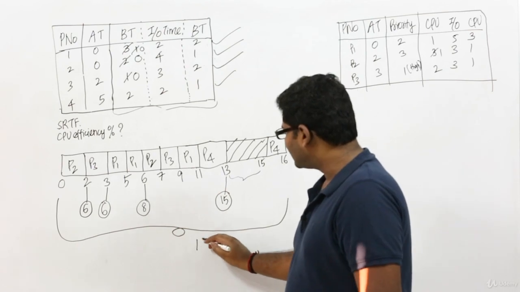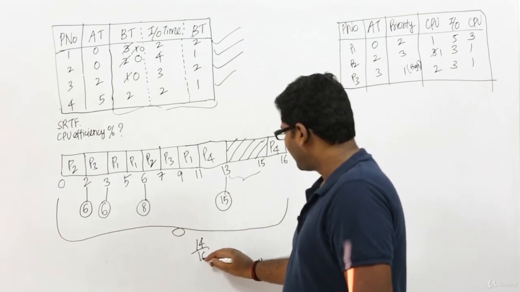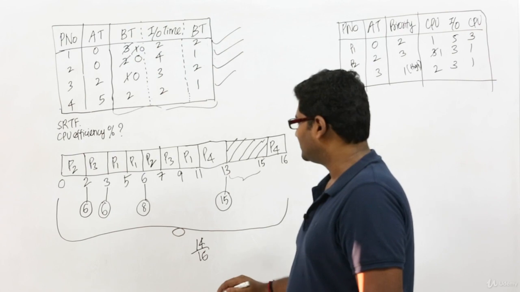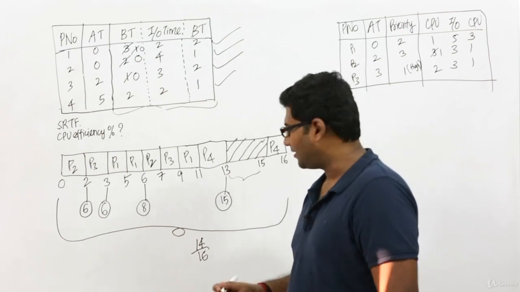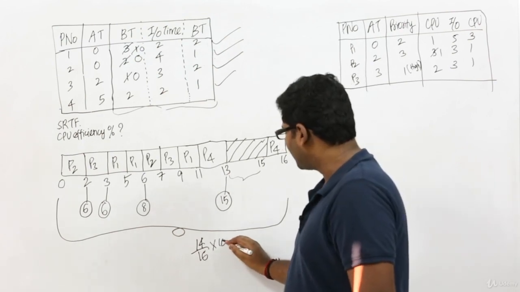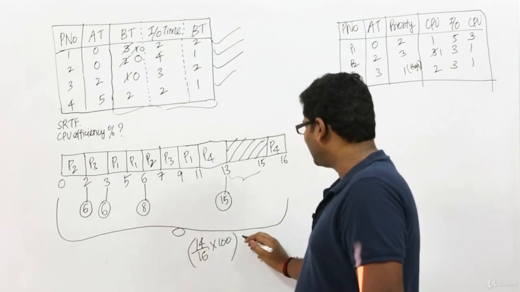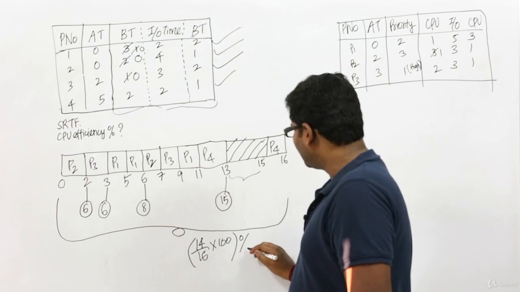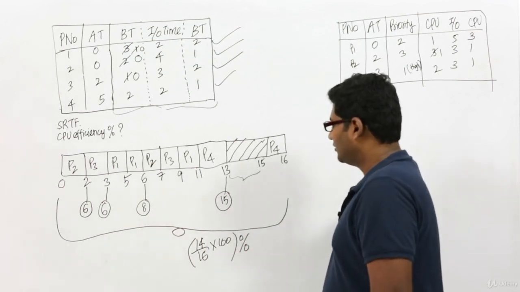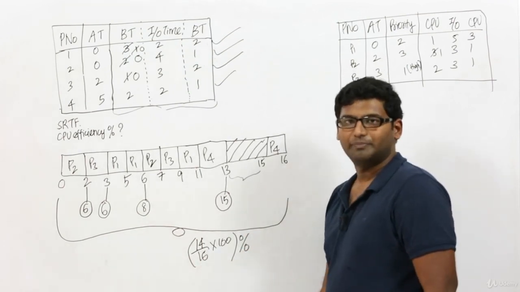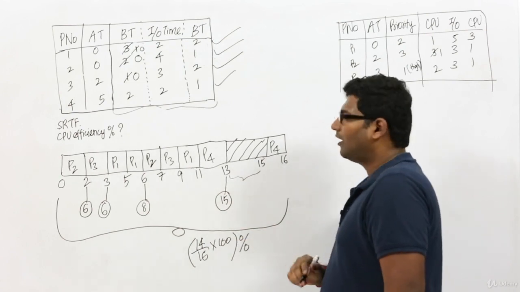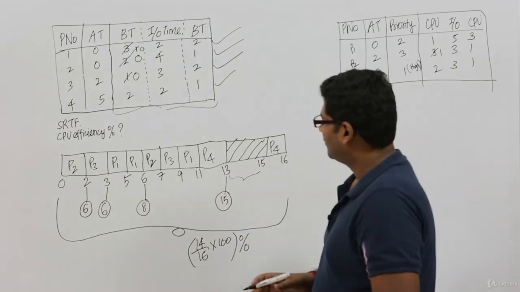So 14 by 16 is the CPU efficiency, and in order to calculate the percentage, we multiply by 100. So this is the answer: CPU efficiency percentage is 14 by 16 into 100 percent.